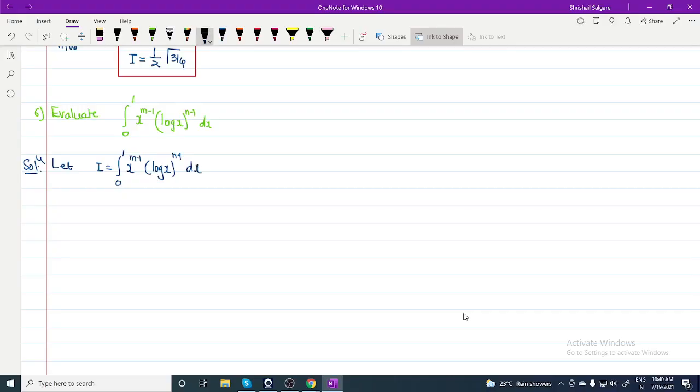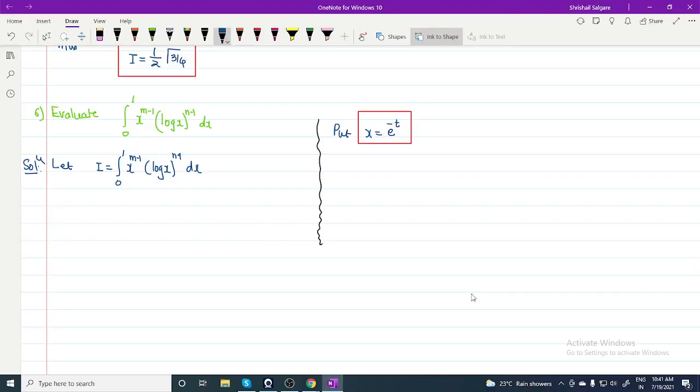Remember, when you have an integral with limits from 0 to 1 and the integrand involves a logarithm, always use the standard substitution: put x equal to e raised to minus t. Once again I repeat, always use the substitution x equal to e raised to minus t.